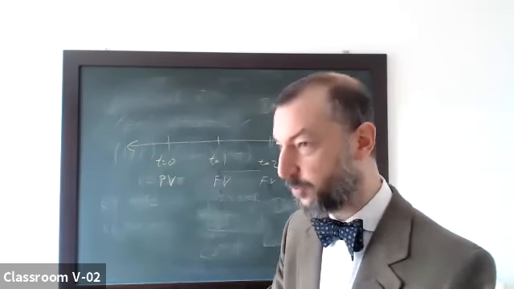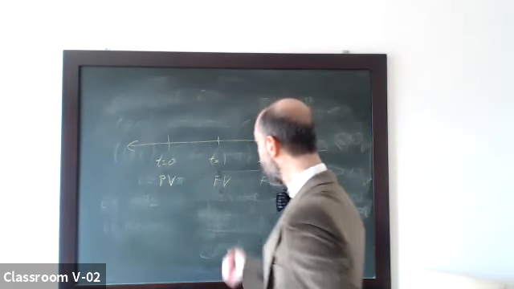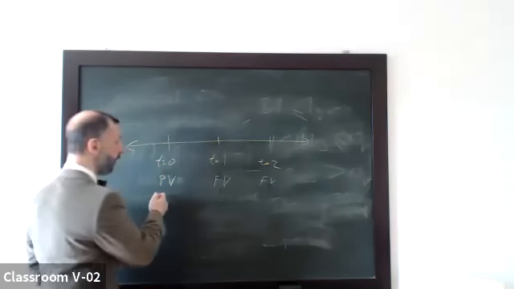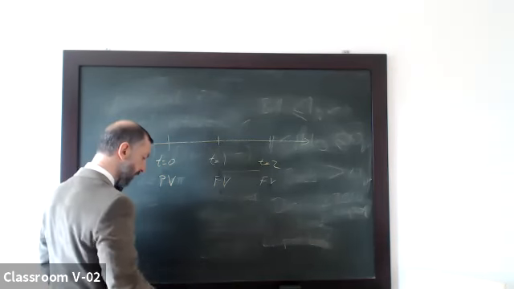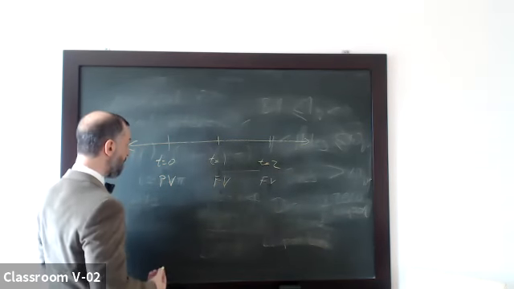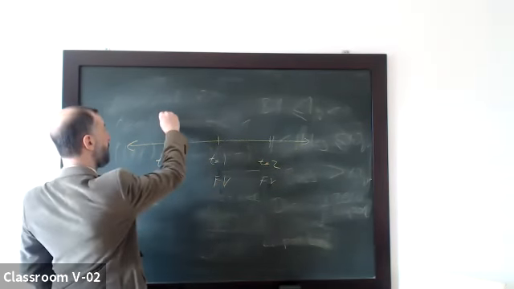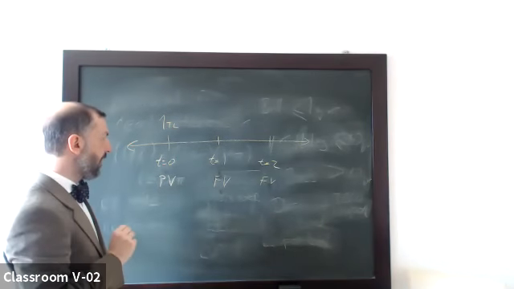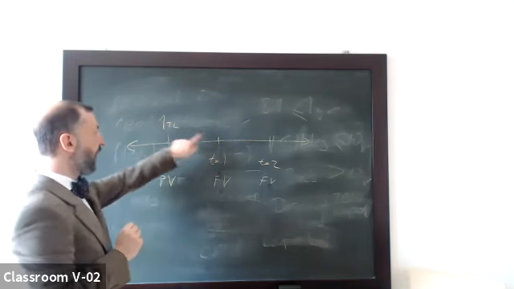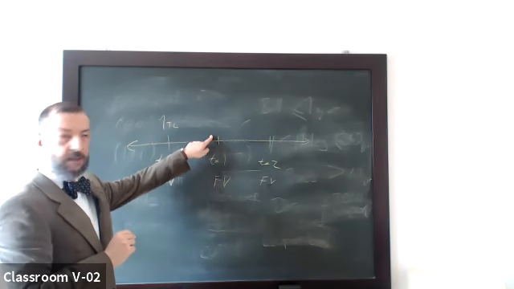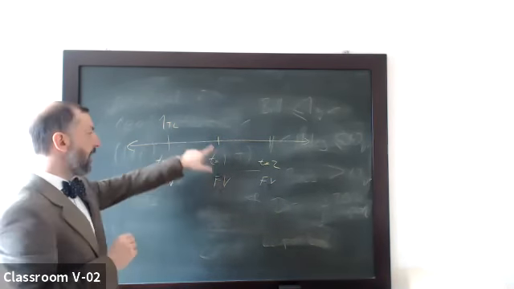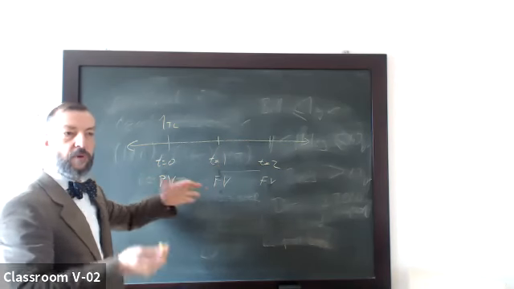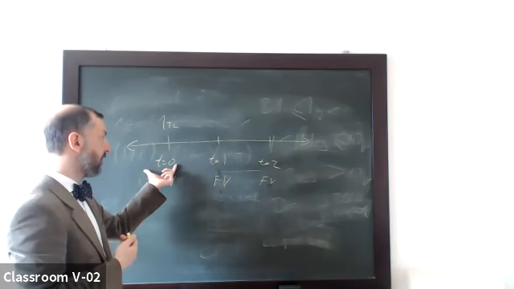Once again, you don't have to know these things. But you do have to know the idea of the present value and the future value. So what happens here is I have 1 lira, okay? And I ask, what is the future value of 1 lira? What is the equivalent of 1 lira today on date 1 from the perspective of date 0?